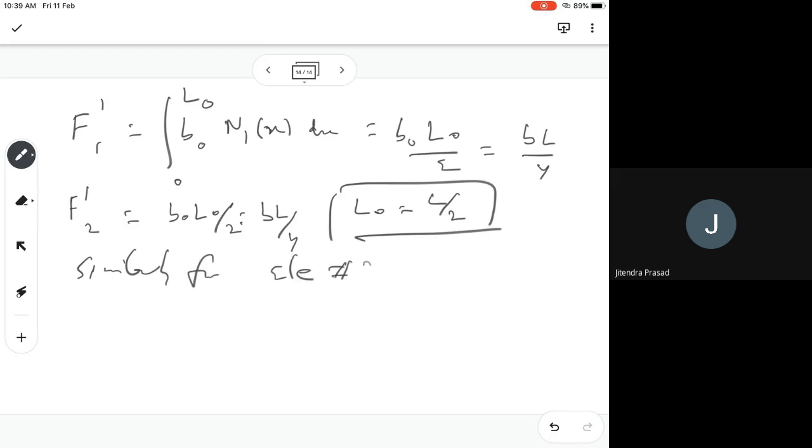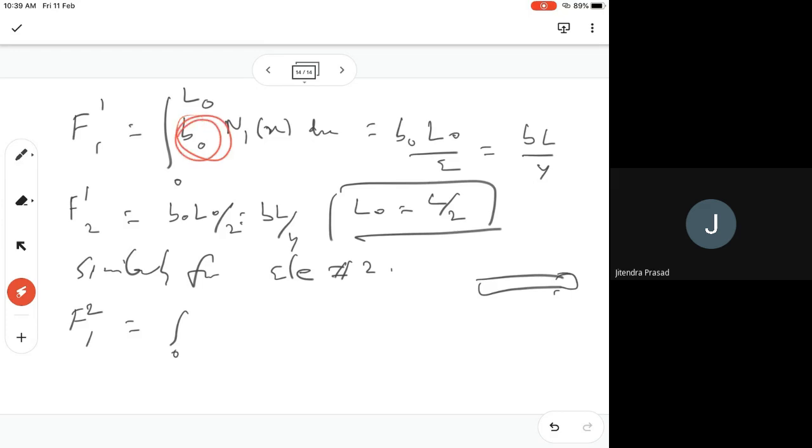Similarly, for element number 2, what do you get? You get F21 is equal to... now here, since this is the second element, this is exactly the same actually.